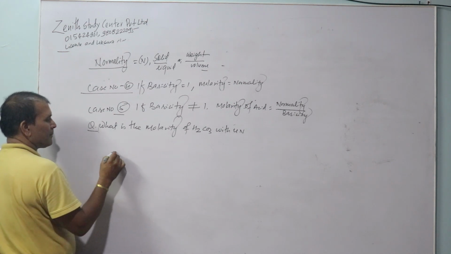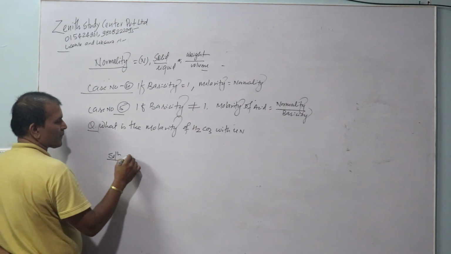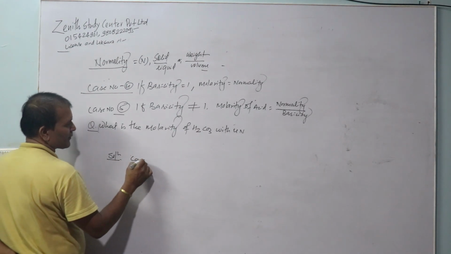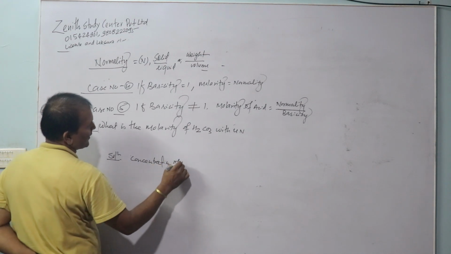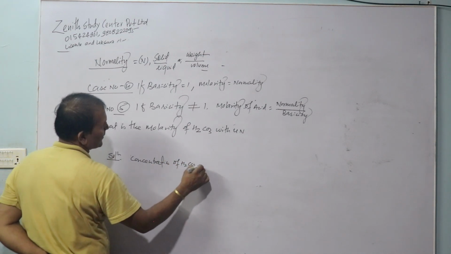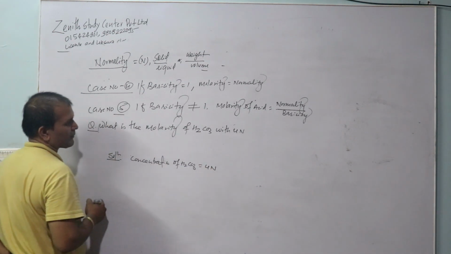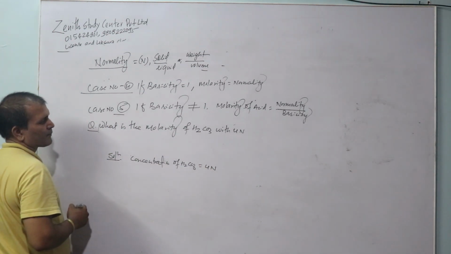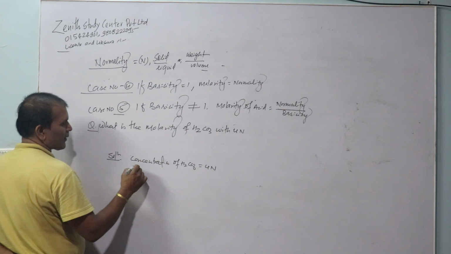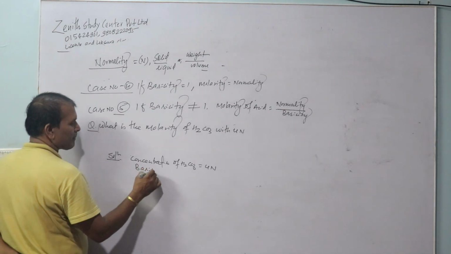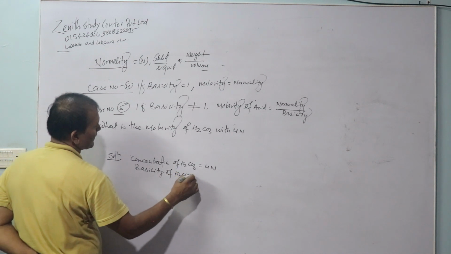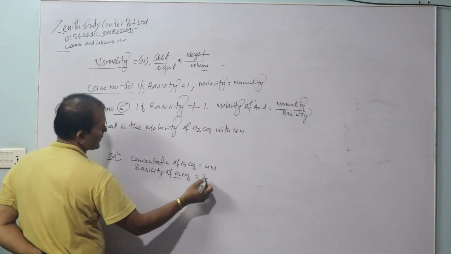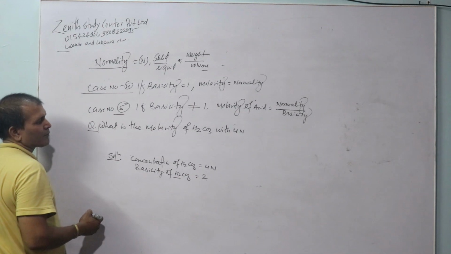Solution: concentration given, concentration of carbonic acid is 4 normal, and the basicity of carbonic acid, the number of hydrogen, is 2.